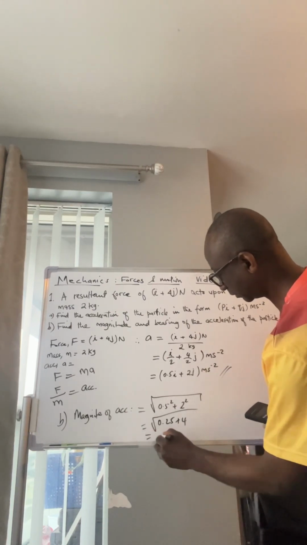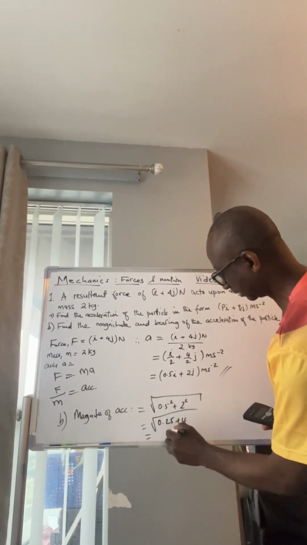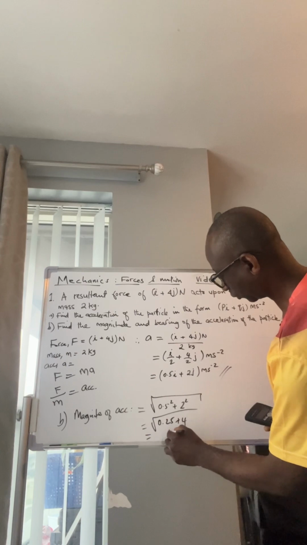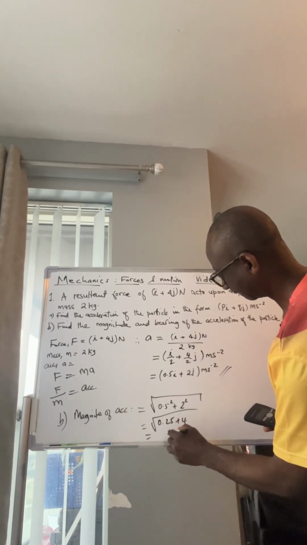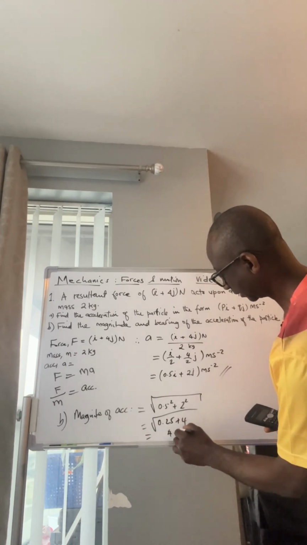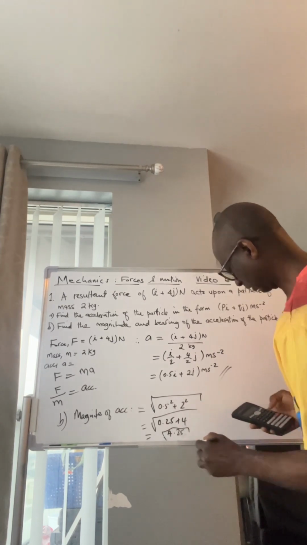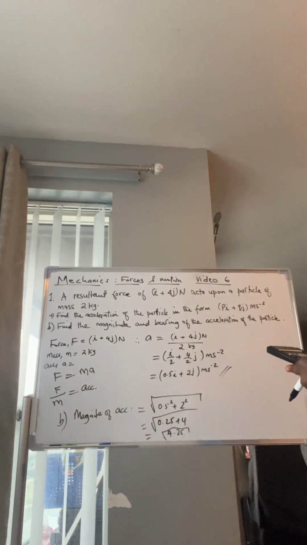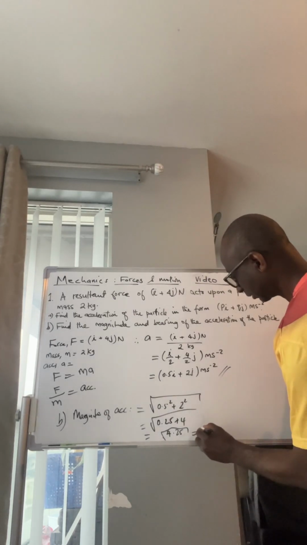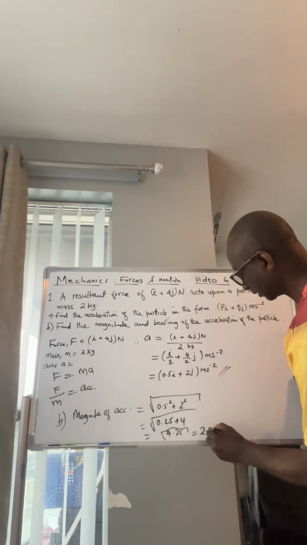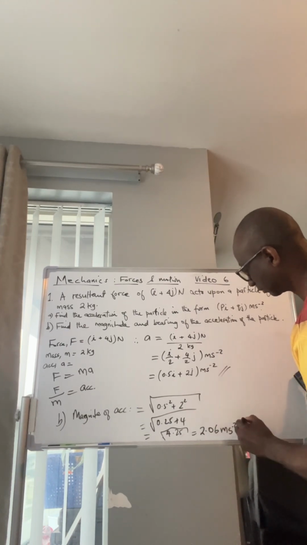So this gives you 4.25. What is the square root of 4.25? It is 2.06.